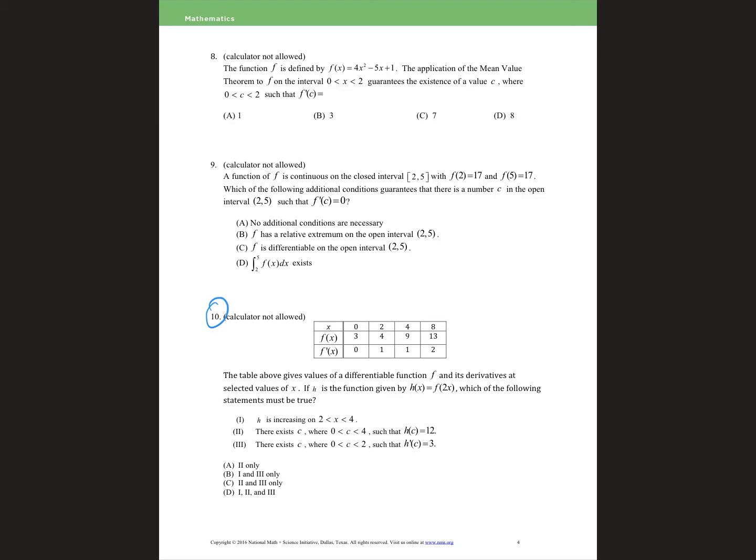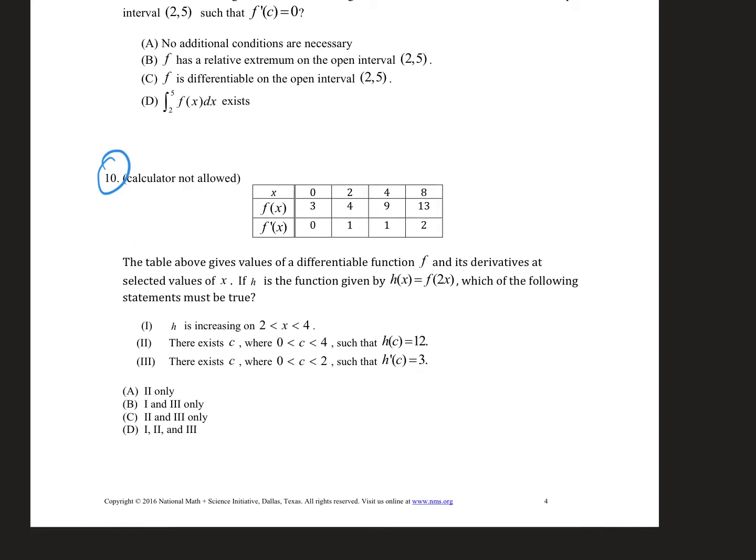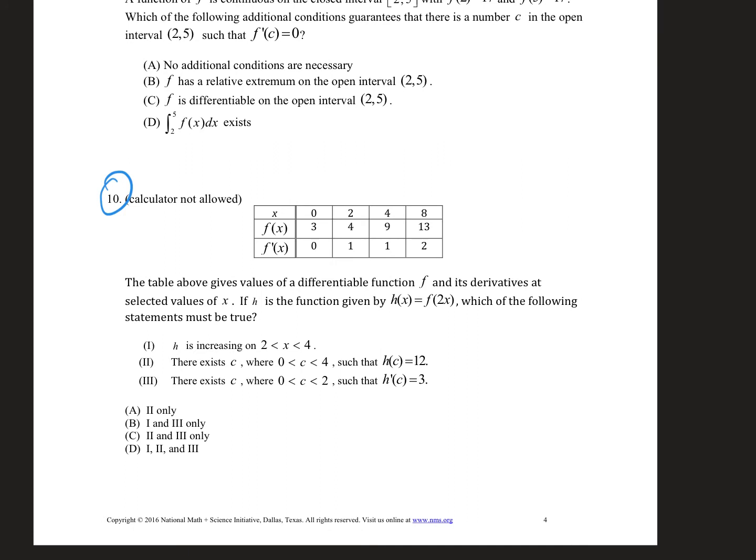Now, question number 10. We're given a table of values of f and f prime, but we're asked several questions about this function h. And the function h is right here. H of x is f of 2x. Which of the following statements must be true? Now, the first, h is increasing from 2 to 4.